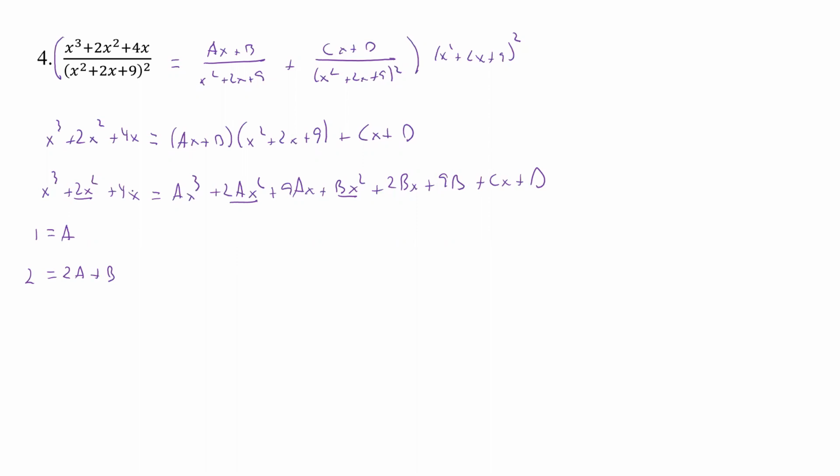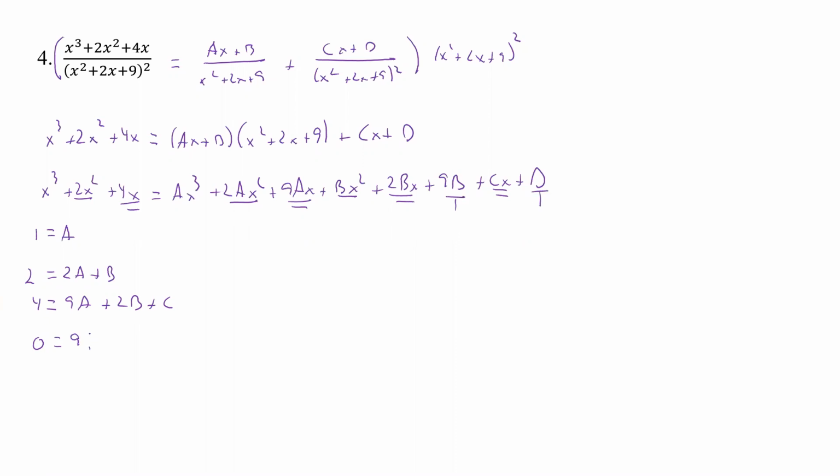Then we have x terms, so that says that 4 equals 9a plus 2b plus c. And then we have 0 equals, and we go all the way across, 9b plus d.